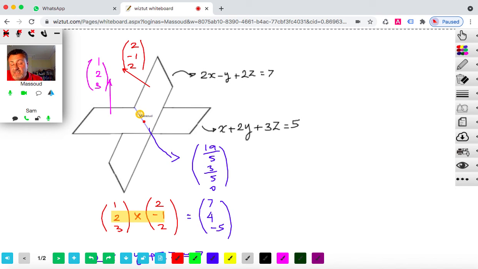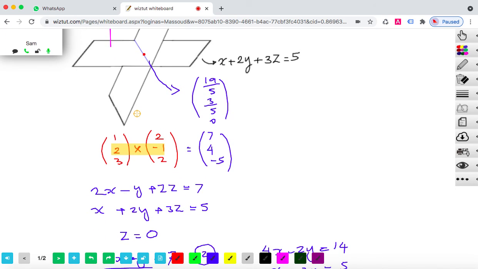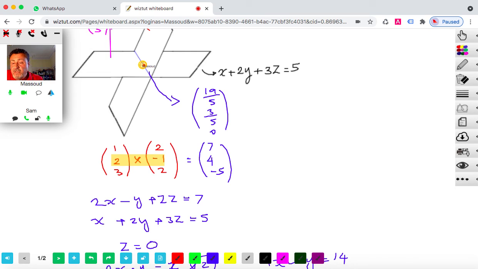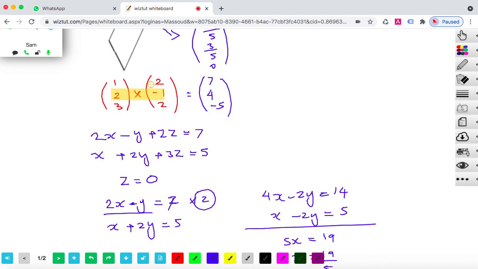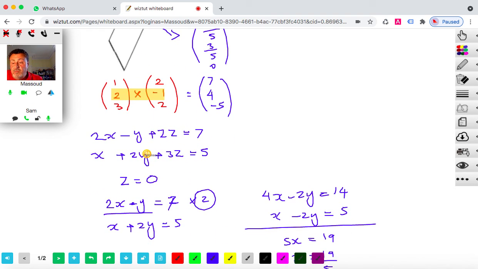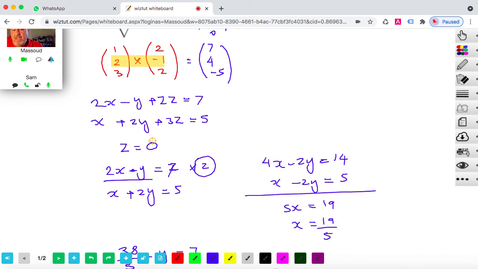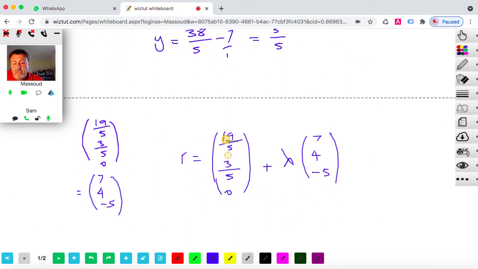This line is perpendicular to both of these. Then we found a single point on this line by doing a simultaneous equation between the two planes, and having a known point of the line as well as its direction, we wrote the equation of the line where the two planes intersected.